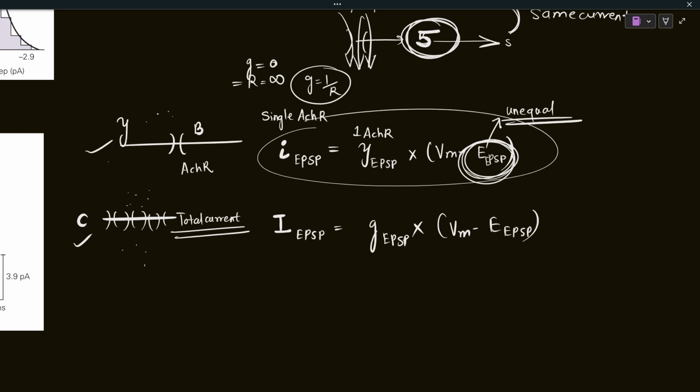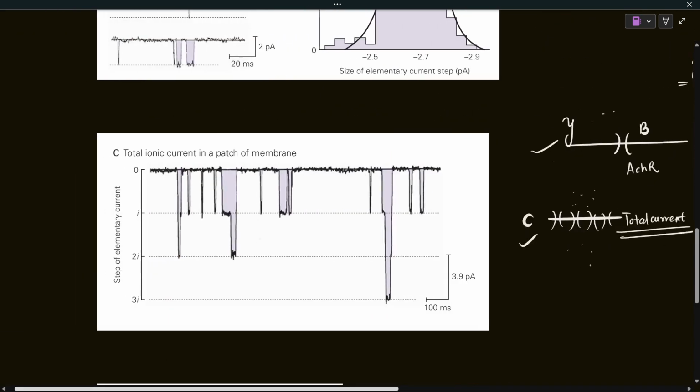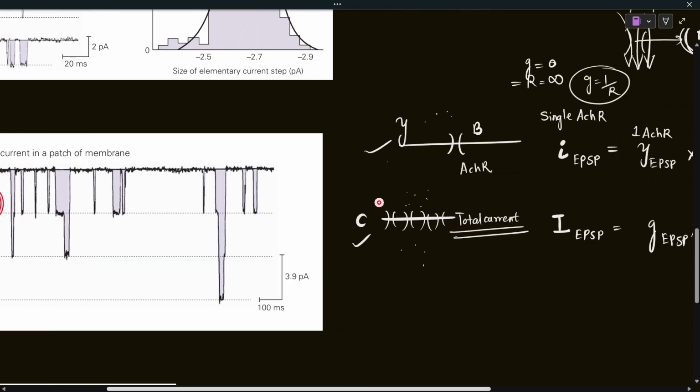After the experimentation, they saw that when a single ion channel is opening, whatever current one acetylcholine receptor generates, let's say this generates I current, this generates I current, this generates I current.